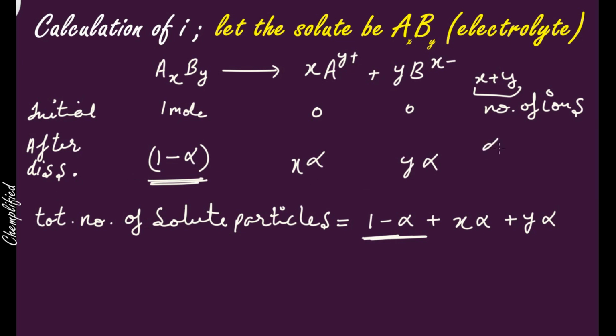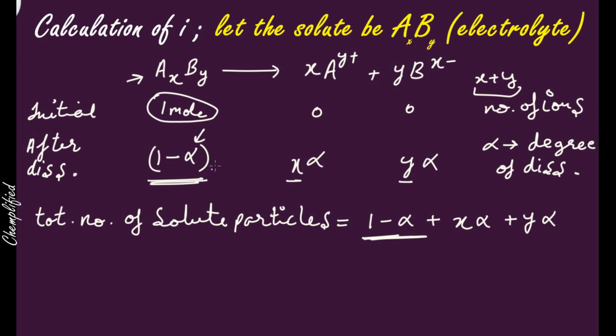Alpha is known as the degree of dissociation. How many solute particles are able to dissociate into ions? Now we have put 1 mole completely in the solution, out of which alpha dissociated into ions, that is X alpha and Y alpha.